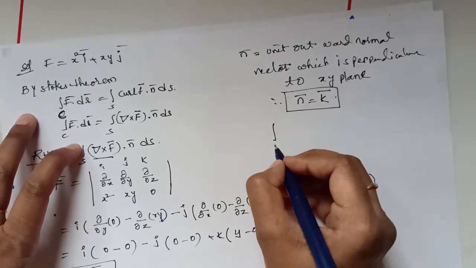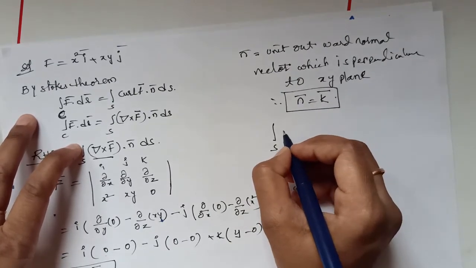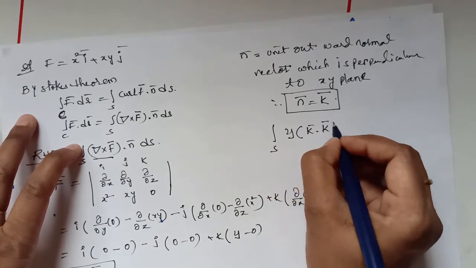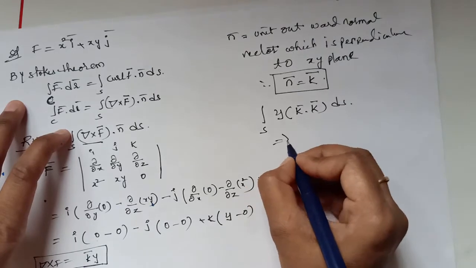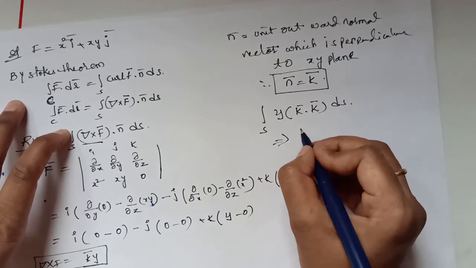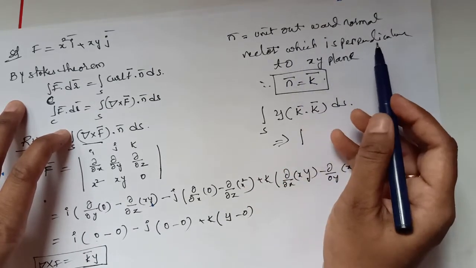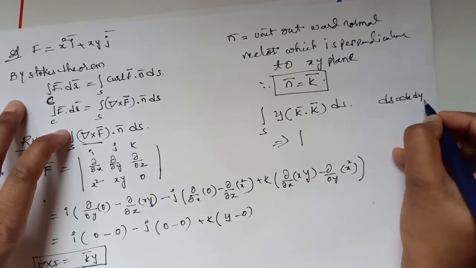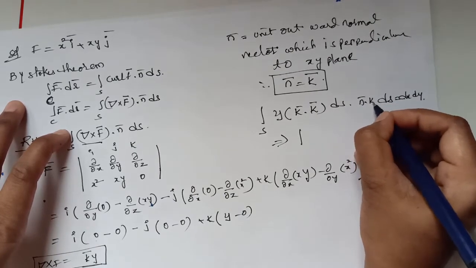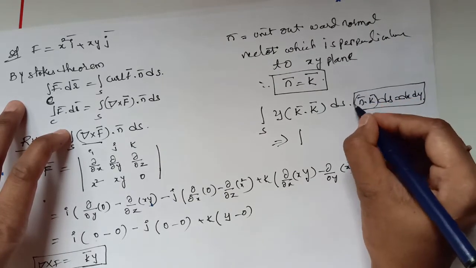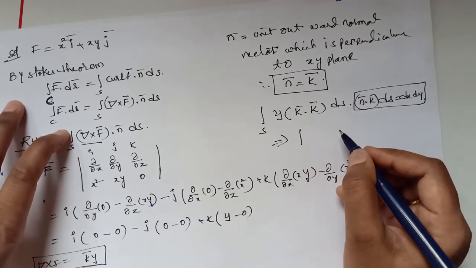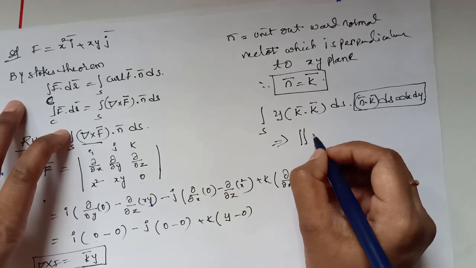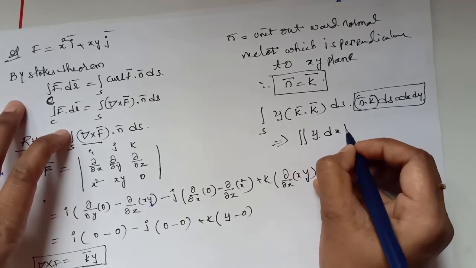If I substitute here, the integral over S of y k bar dot k bar ds, where k bar dot k bar is 1. Here ds will become dx dy, so n bar dot k bar ds becomes dx dy. This is equal to the double integral of y dx dy.